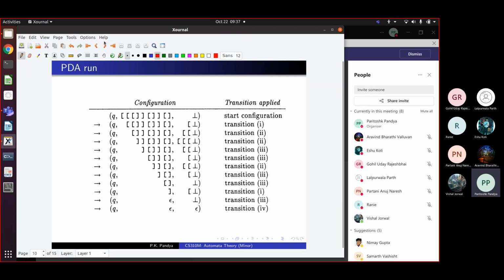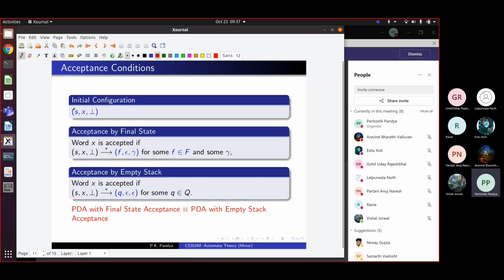And we start with the initial configuration of the automaton. What does the initial configuration look like? You start in the start state of the automaton, and the full word x, which is to be recognized, and the initial stack only contains this bottom symbol. That is my initial configuration.